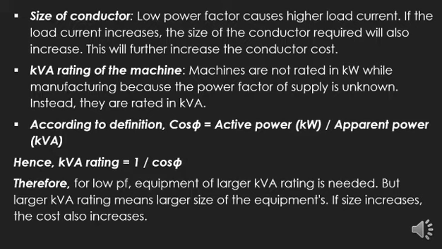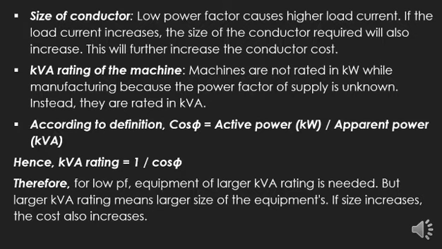So low power factor causes high current, so a bigger size of conductor is required to satisfy it, but it will increase the conductor cost. So you can call it a disadvantage.